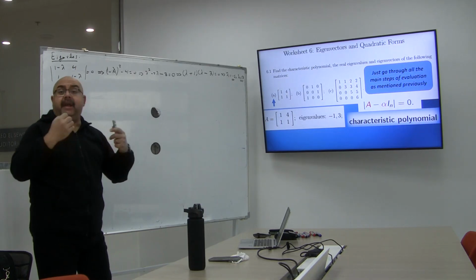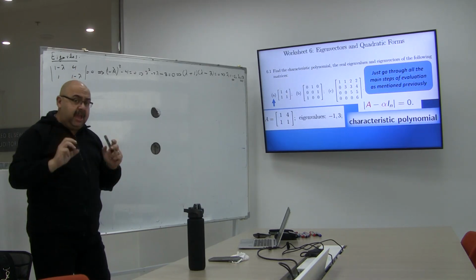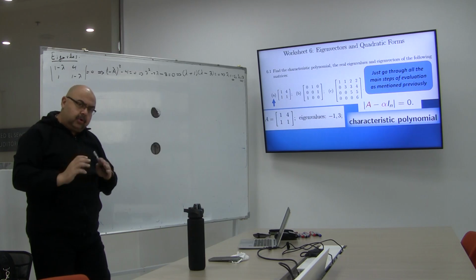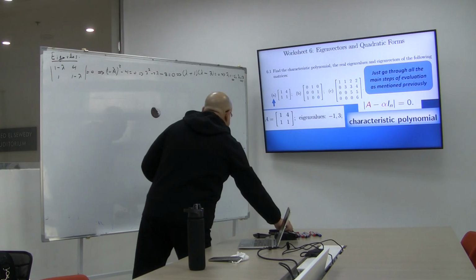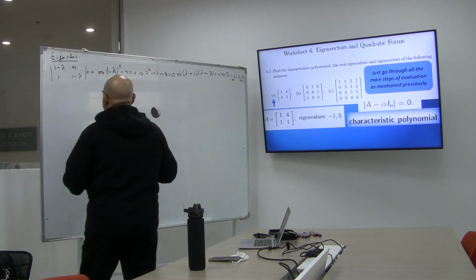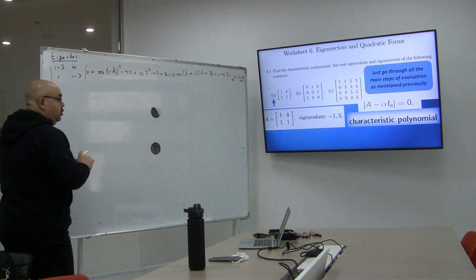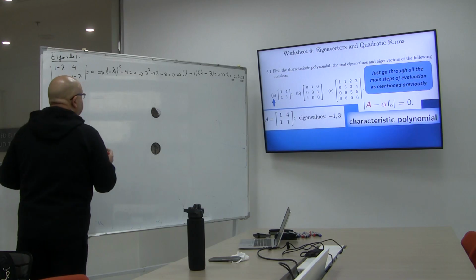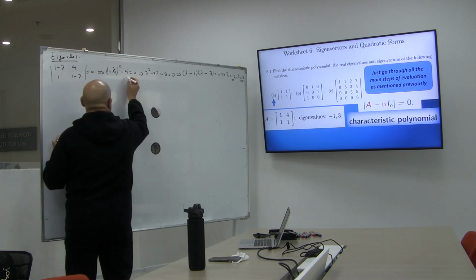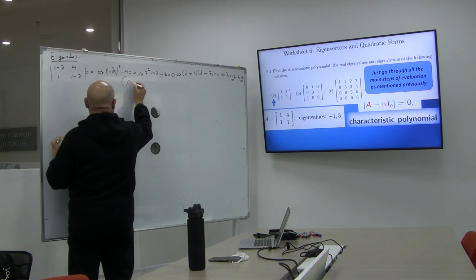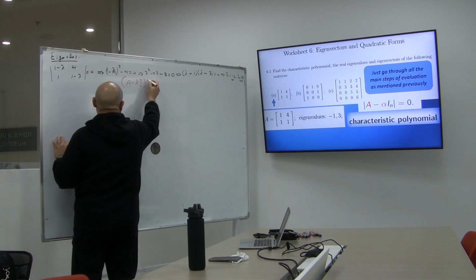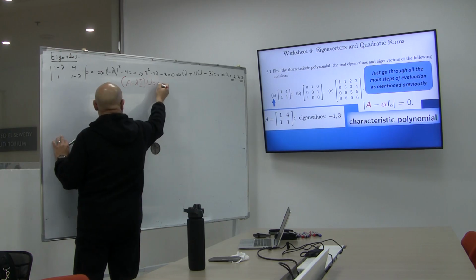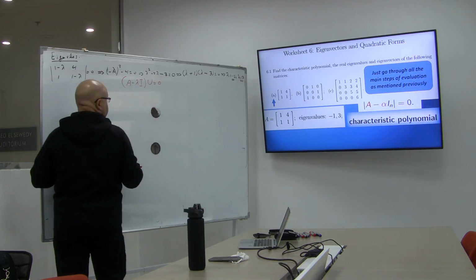Corresponding to each eigenvalue, I will be able to get the corresponding eigenvector. So once more, I get back to the homogeneous system of equations. If you remember, it's simply A minus lambda I times the eigenvector that I need to find, equal to 0.